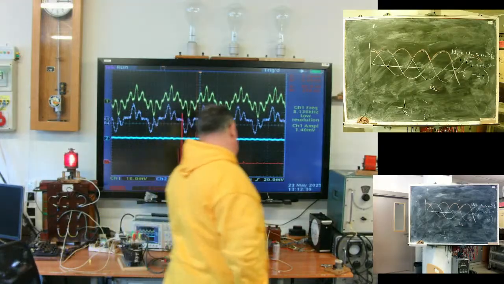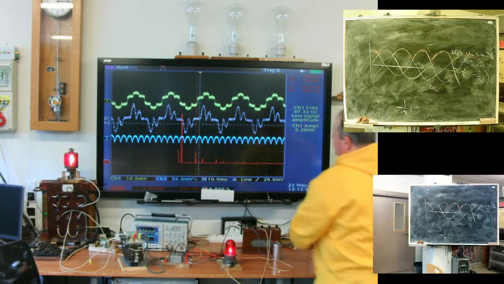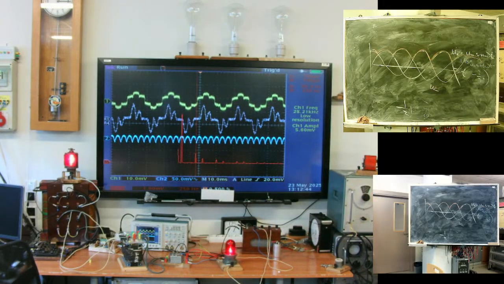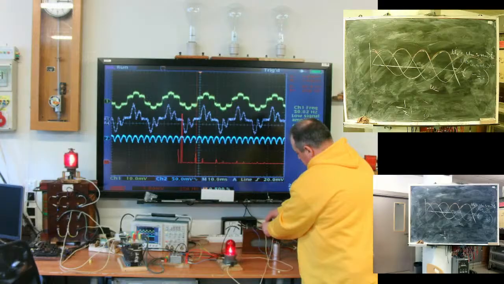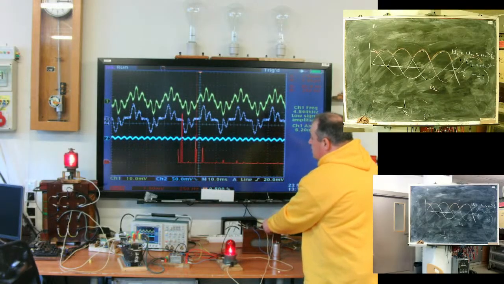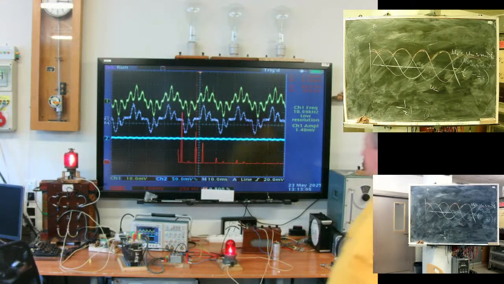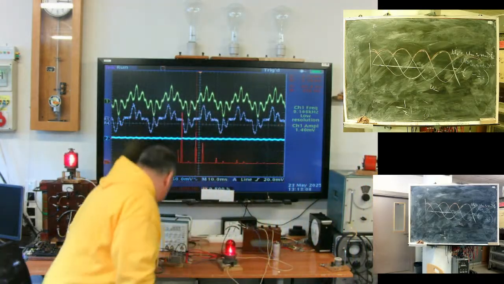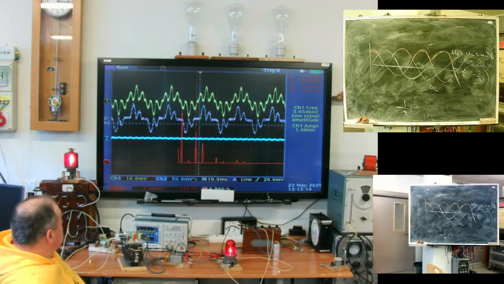Without filter, I disconnected filter, it's nice. But when you add your filter capacitor, you get a series of pulses and again the effect of delta. Star to star is simplest. You see only pulse from one phase and secondary.